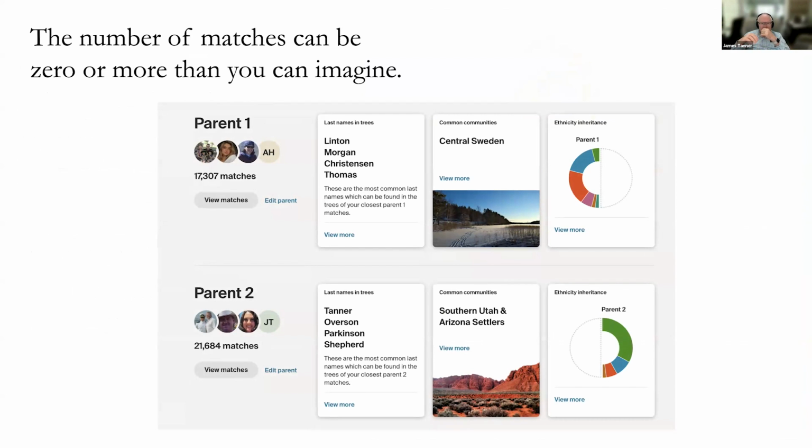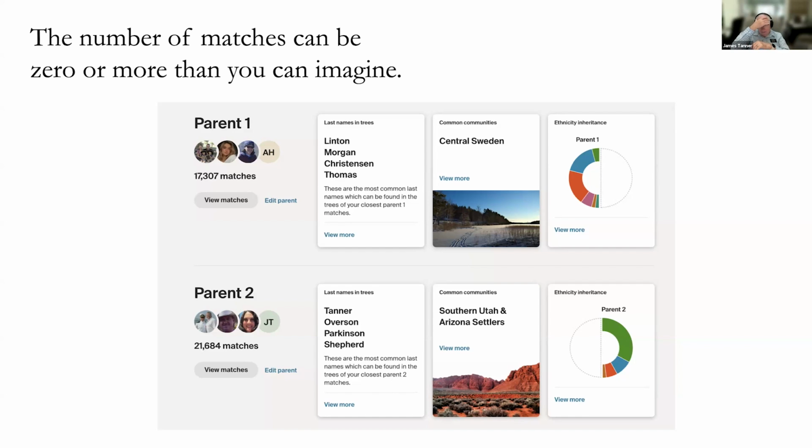You see here two matches, matched up to parent one and parent two, for me and my DNA test. And of course, I don't have a lot of access to anybody else's tests, so I have to use my own for examples. I have a little over 17,000 matches with parent one and 21,000 matches with parent two.